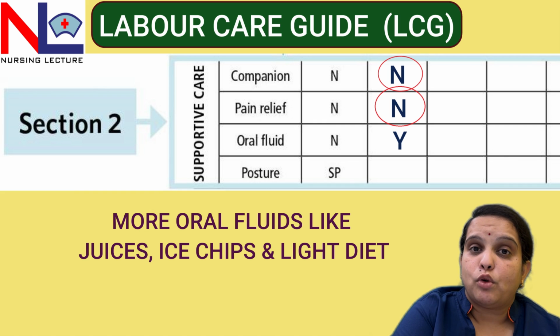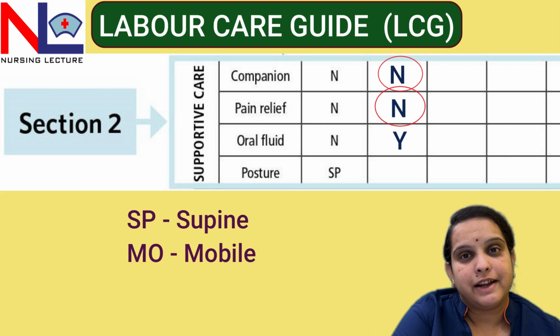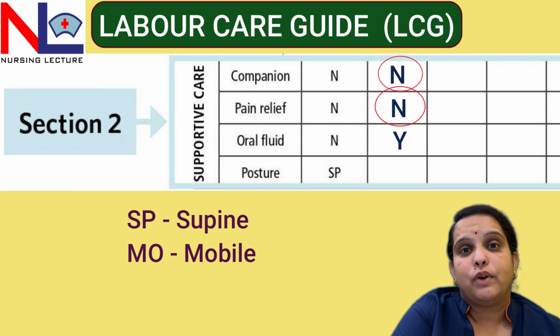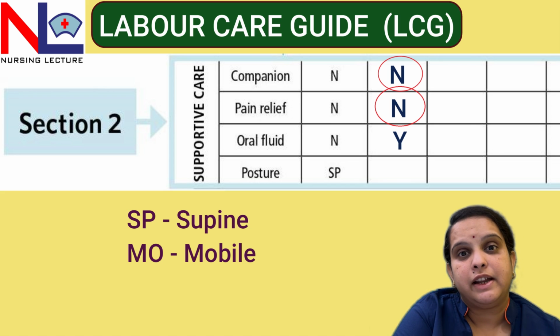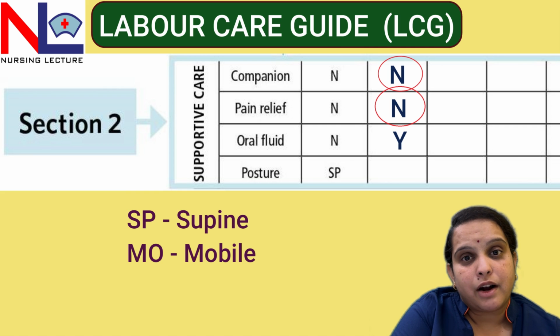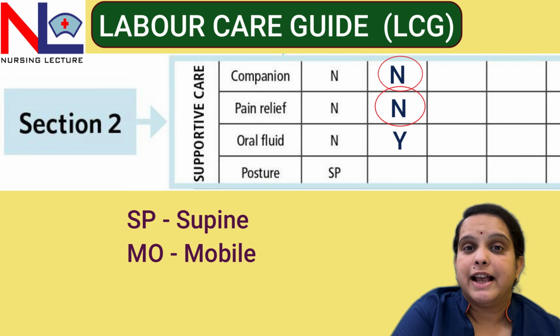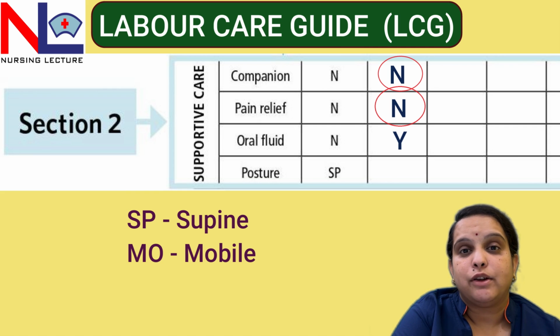And the next is the posture. Here you can write SP or MO. MO means she is mobile, that is she is moving, ambulating, roaming around here and there, and SP means supine, it means she is lying on bed.